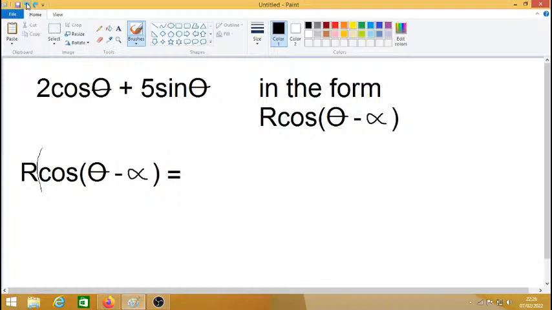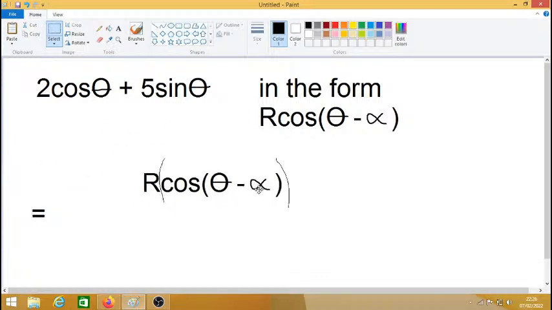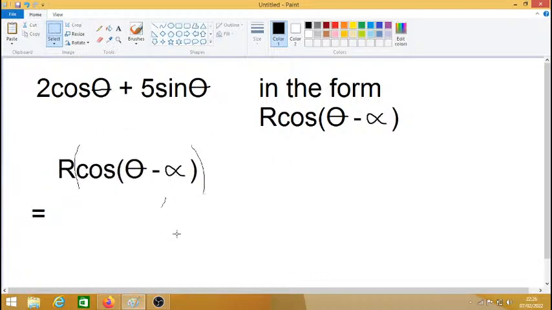Let me take that equal sign and put it underneath just so you can follow what's going on a bit easier. So we can keep r as it is, on the outside of the brackets. But we want to really think about the identity that you learned for cos of a double angle.